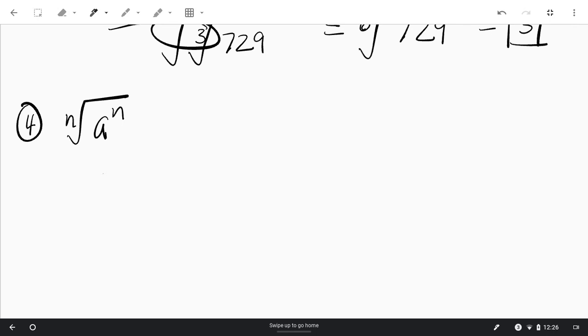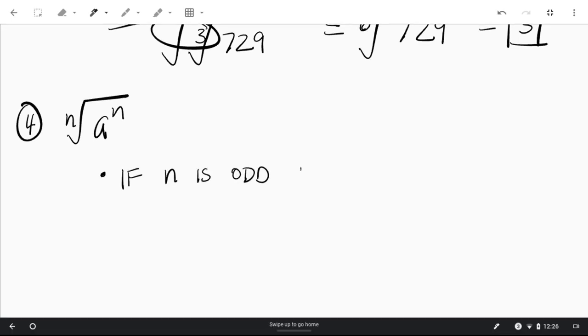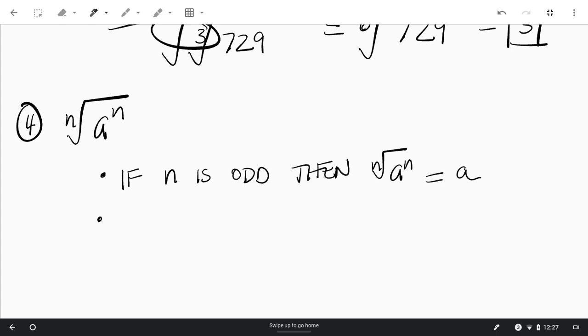The first one, if n is odd, then the answer here equals a. So if you're taking like the cube root or the 5th root or the 7th root, an odd root, then you can just say the answer is a.